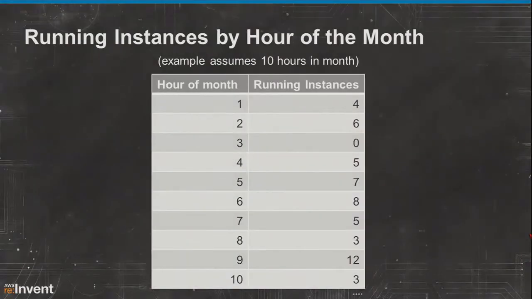So the first hour of the month we had 4, the second 6, the third 0, etc. This is relevant because RIs are applied at an hourly level, all right? So we're going to unpackage this and then look at a real-world example of where this could really affect the type of purchase you would make.